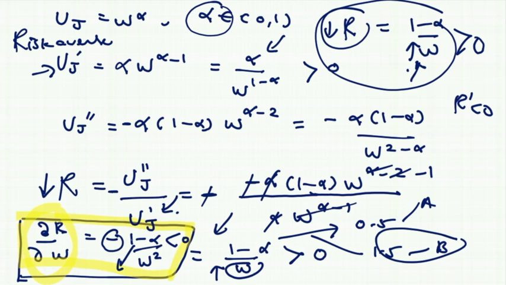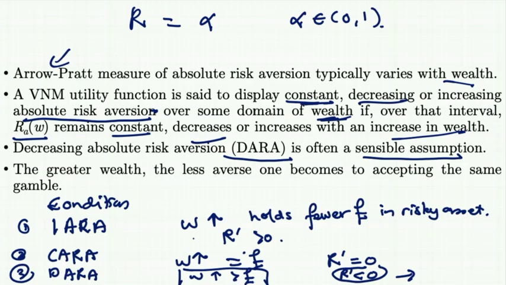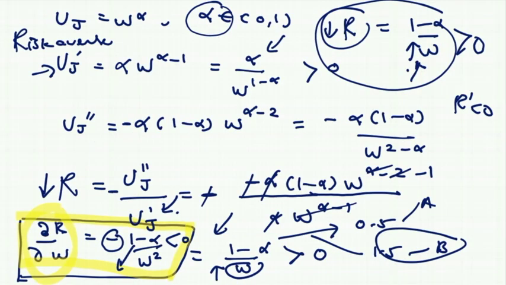That means, if we interpret this result in relation to the last point that I talked about just now, number 3, the higher the wealth he has, the lower will be his risk aversion attitude toward risky assets. And that makes sense, isn't it?